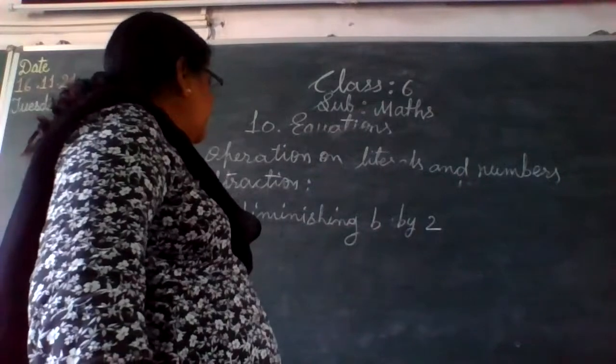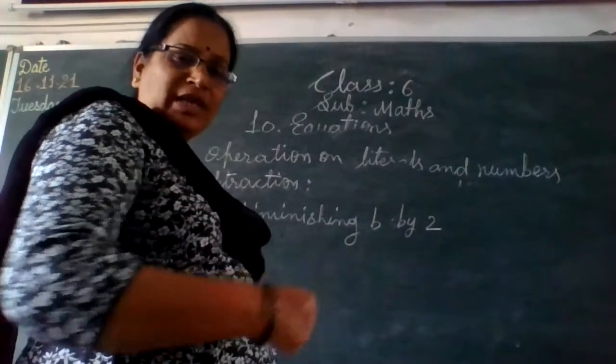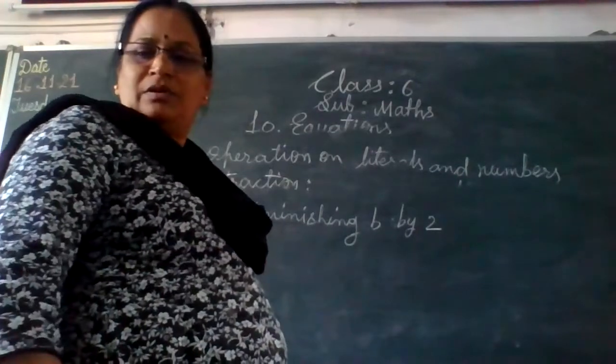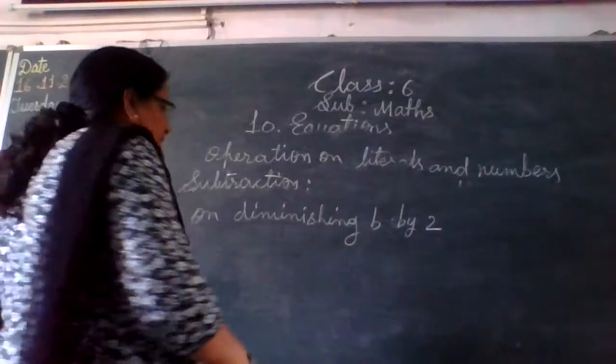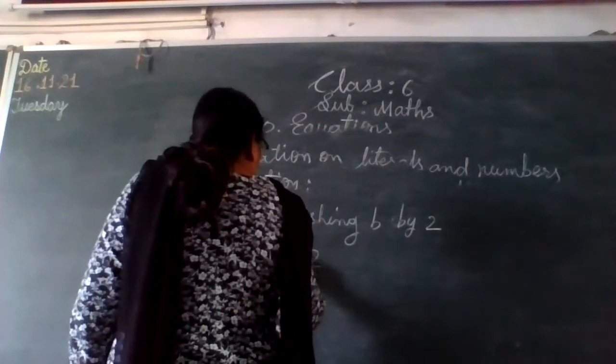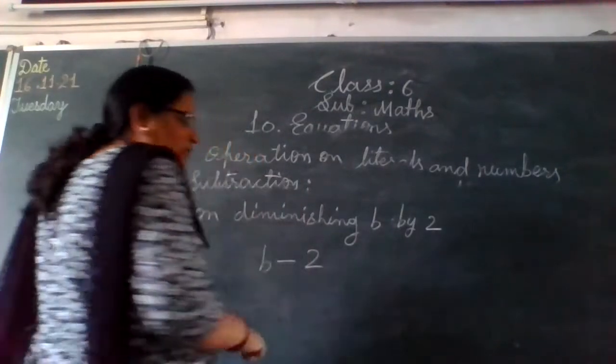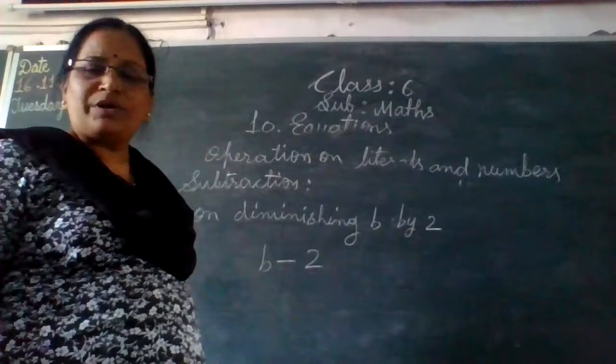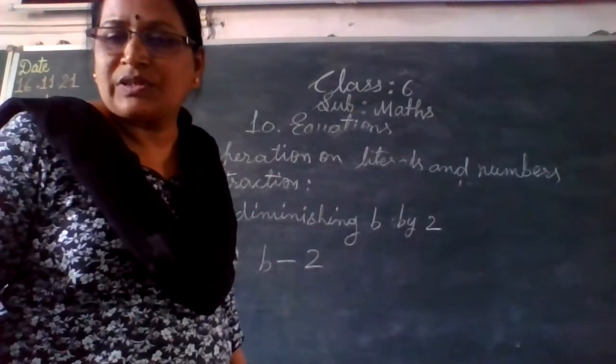So you have to diminish, means you have to lessen, subtract. Okay, so what do you have to subtract? 2 from B. So you have to always remember, children, the from quantity you have to write first.